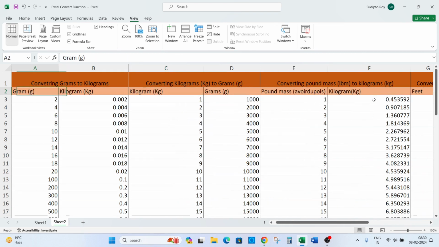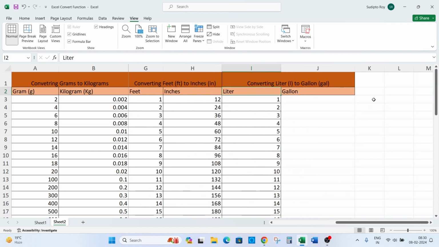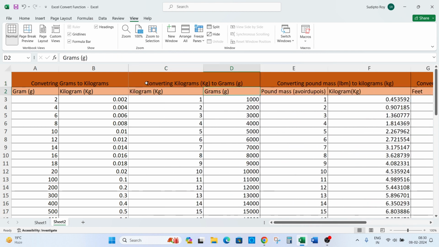Now another thing that we can do here is try and convert liters into gallons. We will use the same function, but remember we need to use these terms here: "in" to convert it into inches, and "gal" to convert it into gallons. Let me check once more.